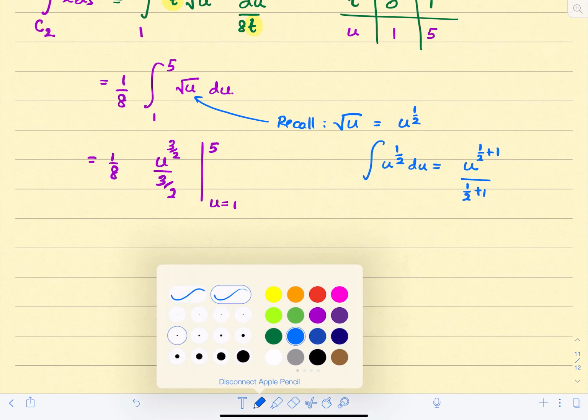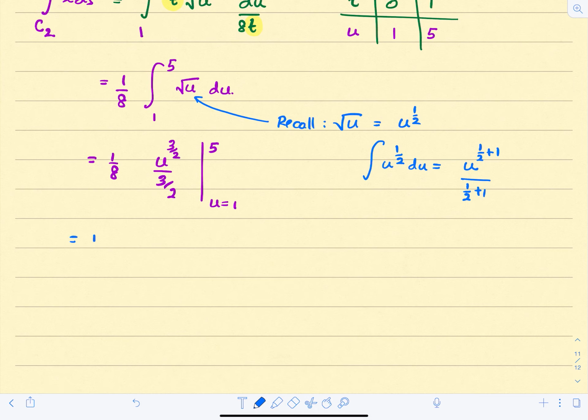Okay. Now apply the upper limit first. So you have 1 over 8 times, now 1 over 3 over 2 equals 2/3. We get 5 to the power 3 half minus 1 to the power 3 half.